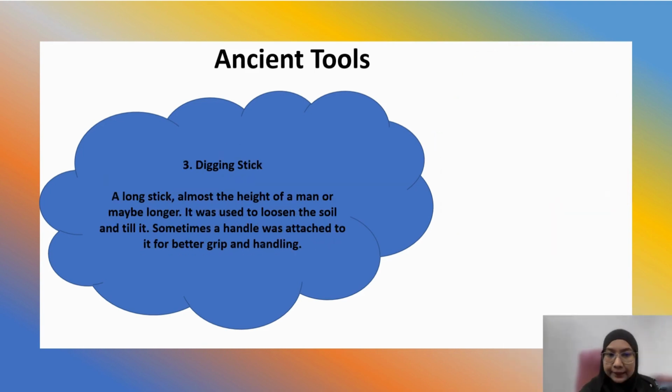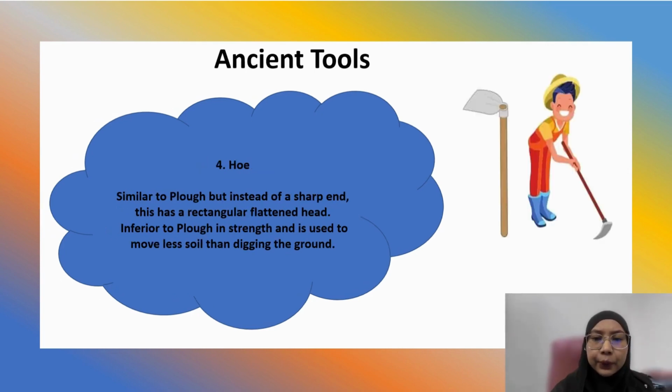The digging stick is a long stick, almost the height of a man or maybe longer. It was used to loosen the soil and till it. Sometimes a handle was attached for better grip and handling. The hoe is similar to the plow, but instead of a sharp end, it has a rectangular flattened head, inferior to the plow in strength, and is used to move less soil than digging the ground.